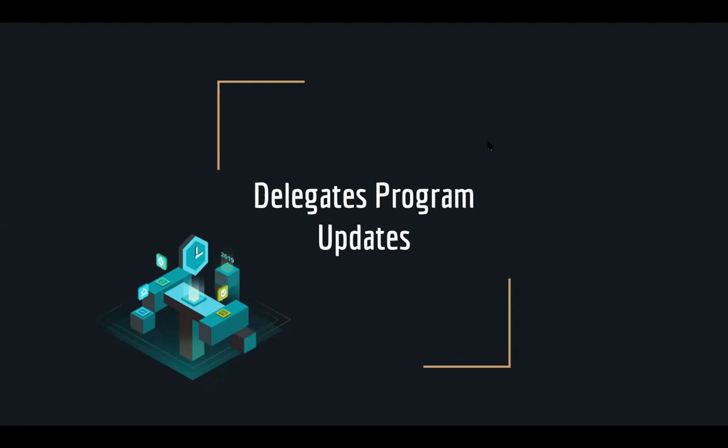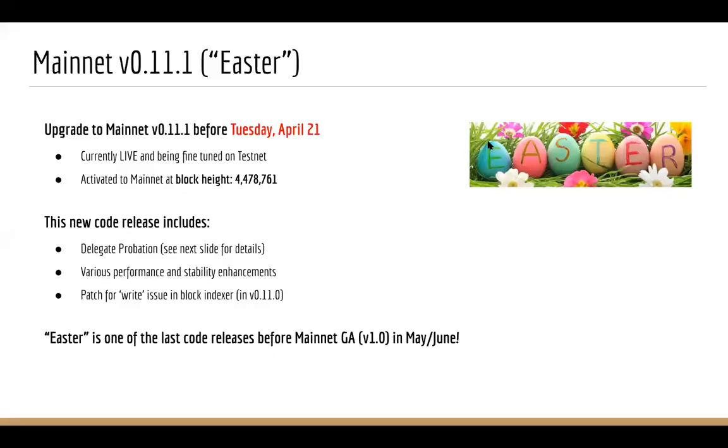So we've reached out to you guys individually, but one thing I want to make sure of is that I've been circulating a form that asks delegates for certain information, including your latest email address, whether you use hardware wallets to stake, whether you use Hermes and things like that.